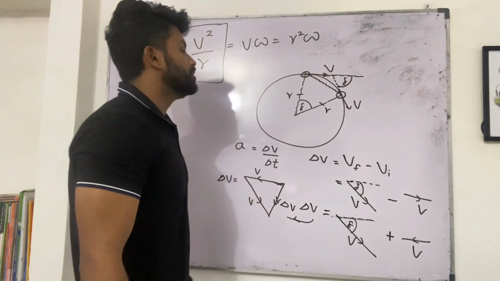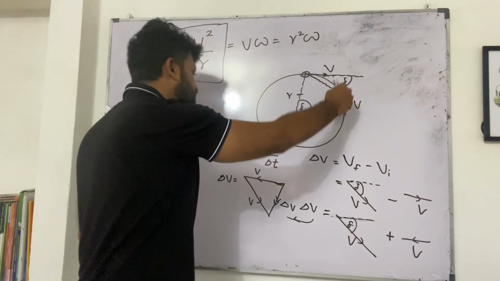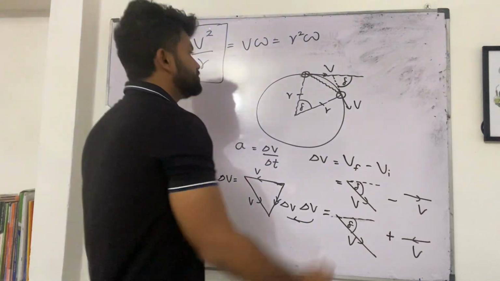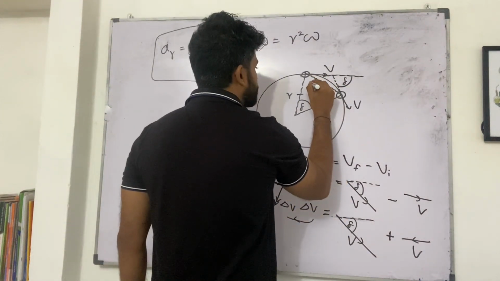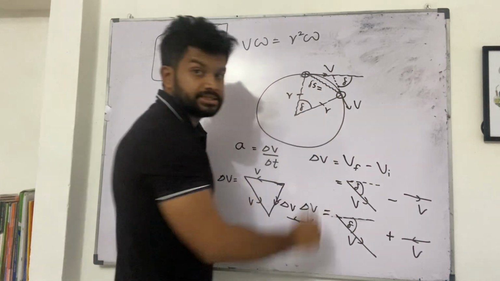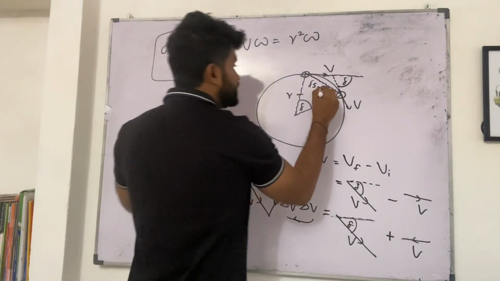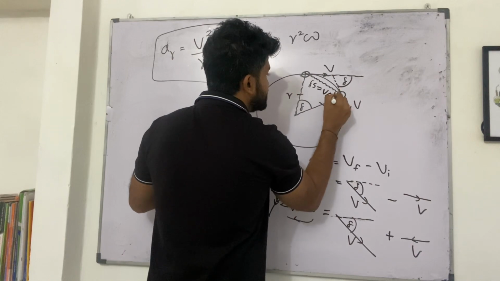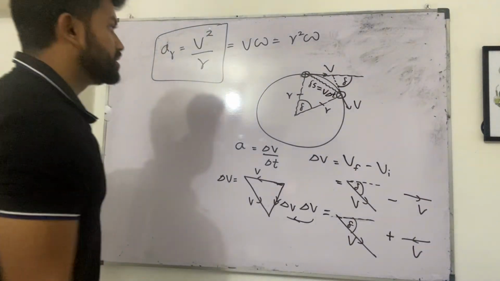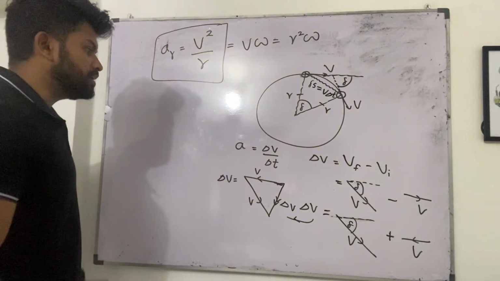We are not supposed to take it as a curved length here. So what is that here? The displacement here, the delta S. If you take this as delta S, the delta S is equal to V times delta T, right? Interesting, isn't it? V times delta T.